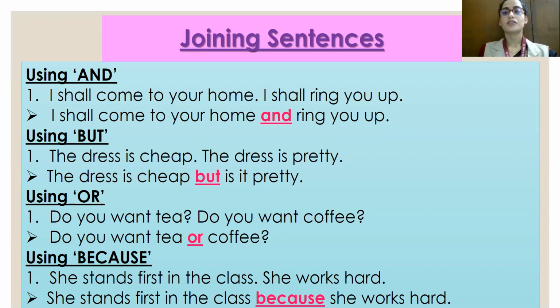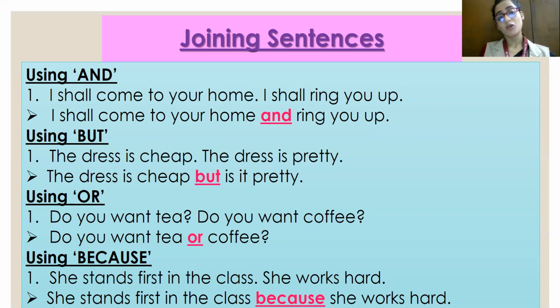Children, I had told you that this conjunction but helps in joining two contrasting words, right? Cheap, pretty. And they are talking about the same dress. So the dress is cheap, but it is pretty.